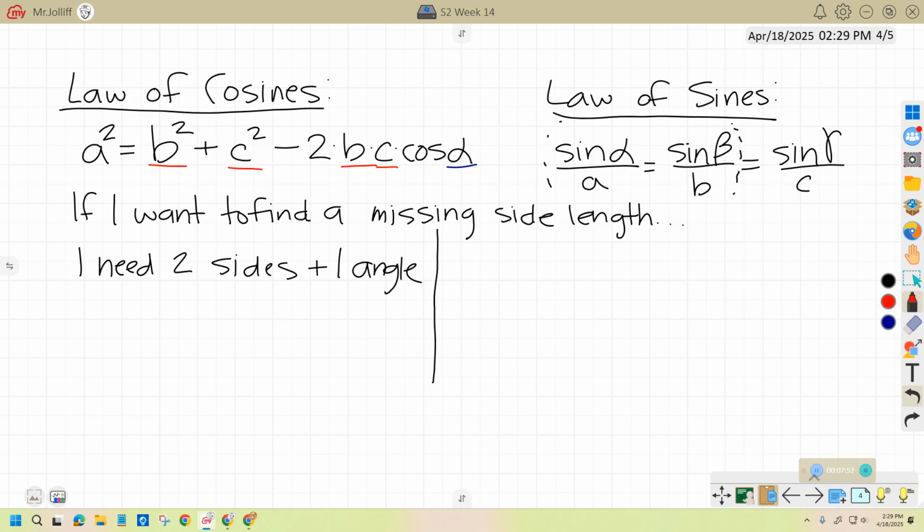I need to know B, which is a side length, and I need to know alpha and beta, which are angles. The law of sines needs different things: I need one length and two angles.